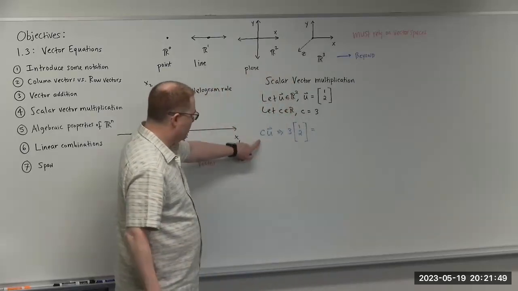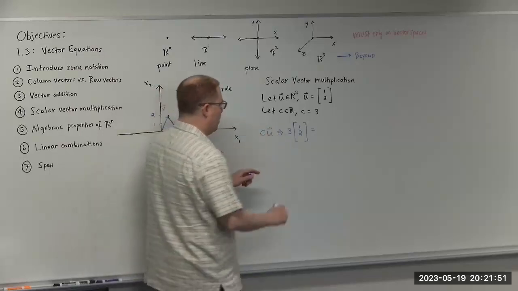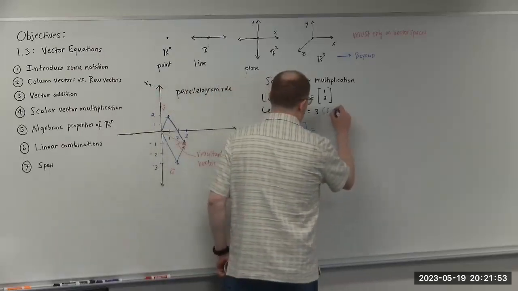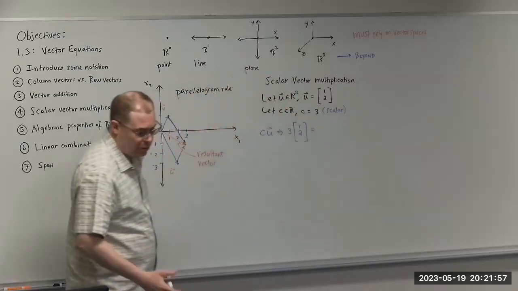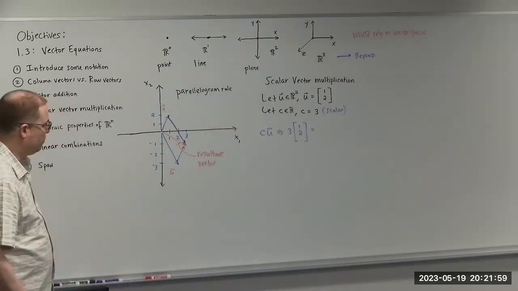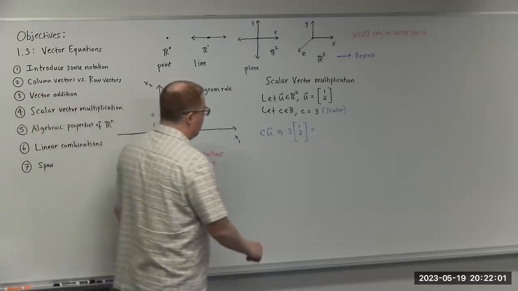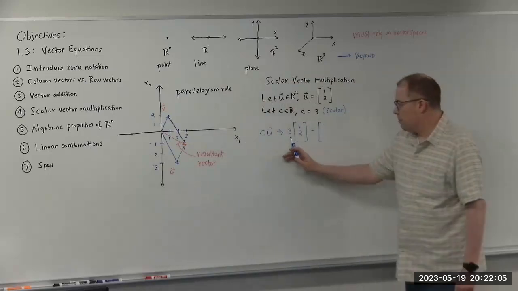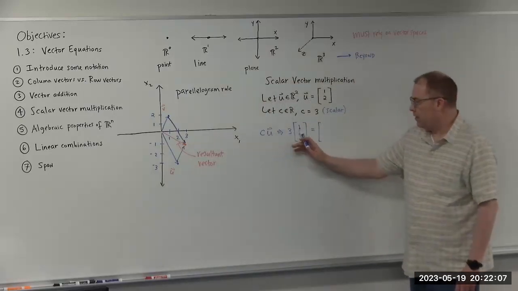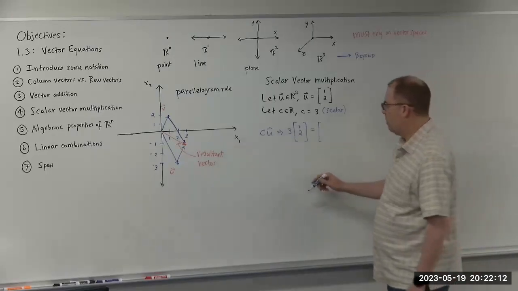So you have your constant here. By the way, this is what's called a scalar. The reason they use that term is just to distinguish it from the vector. By definition, you take this scalar and distribute it into each of the entries of that vector.